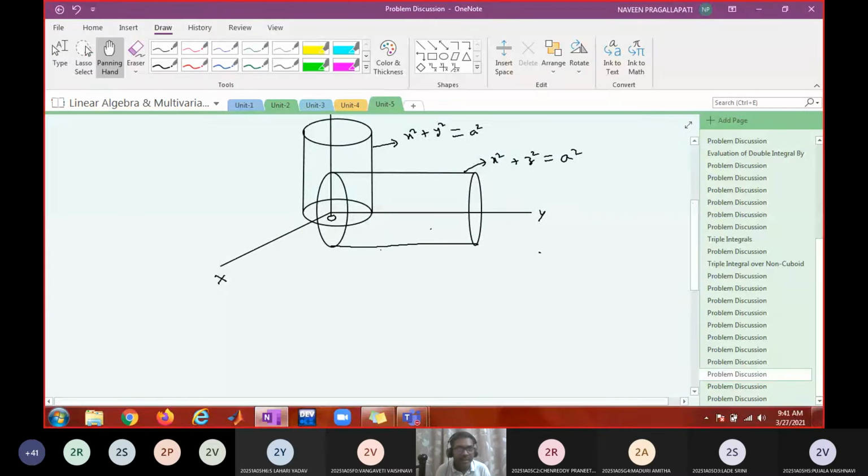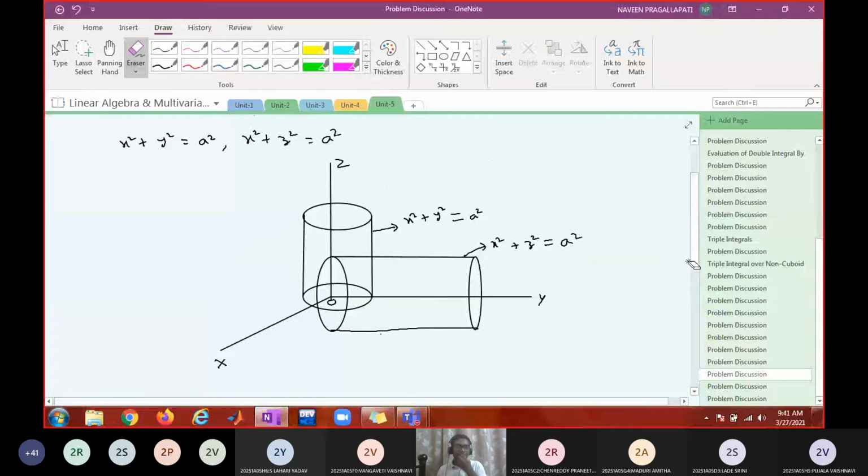Did you get the point? Now, do you agree that the volume common to these two cylinders is equally occupied in all the 8 octants? So is it not sufficient to find the volume common to the cylinders in the first octant and multiply with 8?